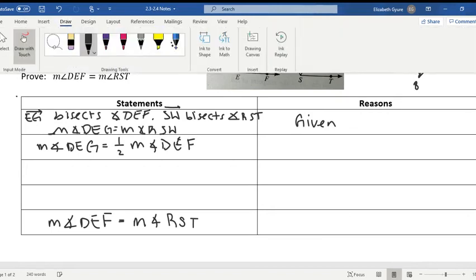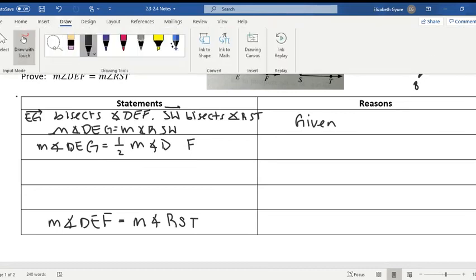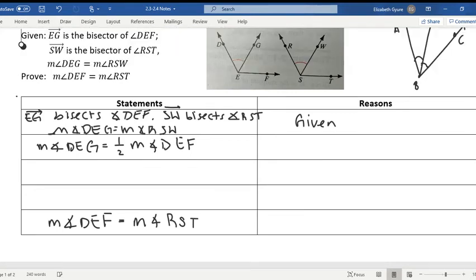And then we can also do the same thing for the other side. So we're also then going to say the measure of angle RSW equals 1/2 the measure of angle RST.